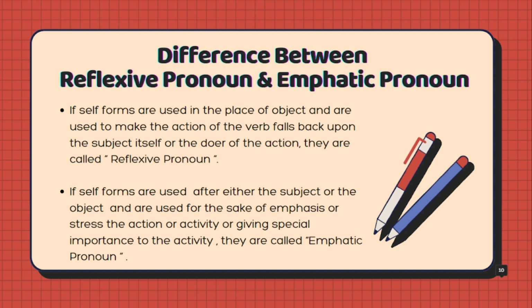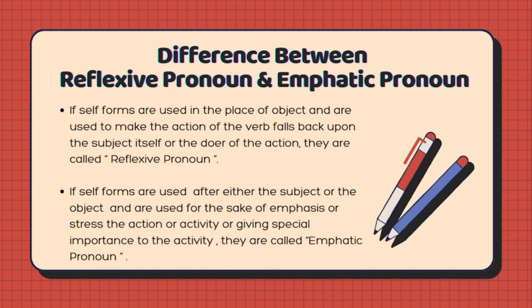If the self form is used for the sake of emphasis or to stress the action or the activity, or to give special importance to the activity or action, and the self form is used after the object or after the subject, then only it is called an emphatic pronoun.